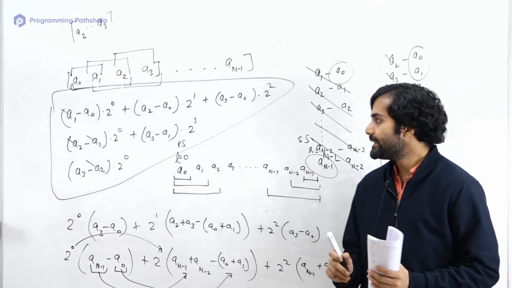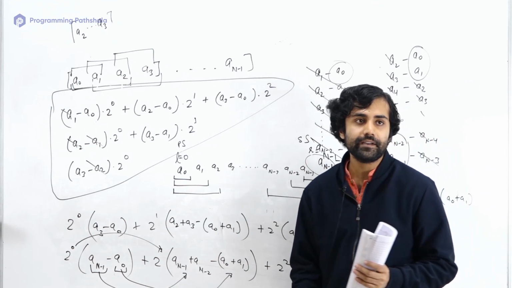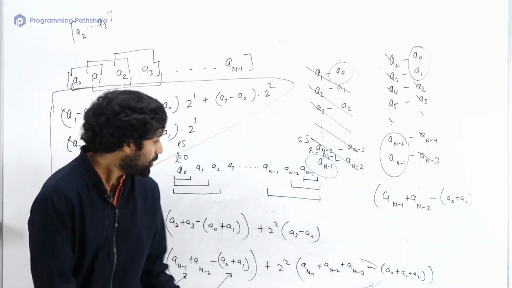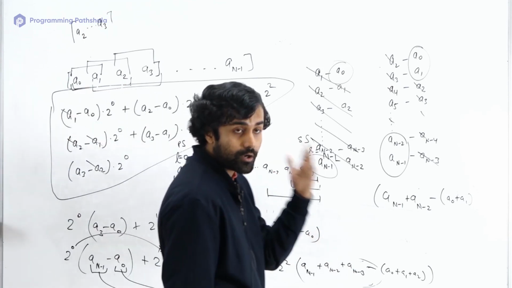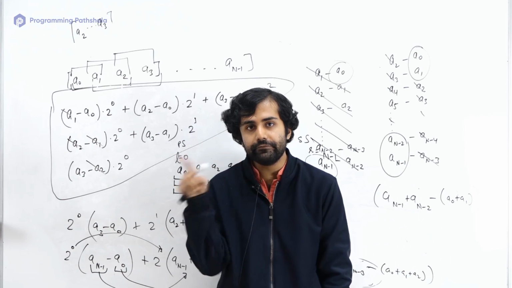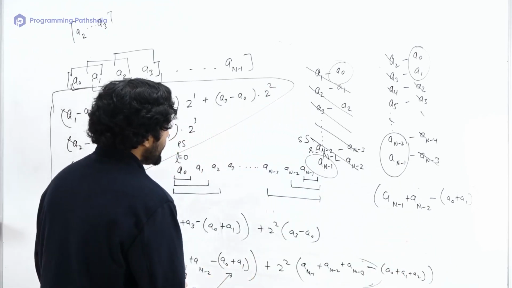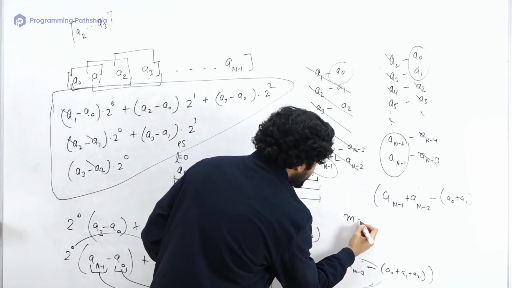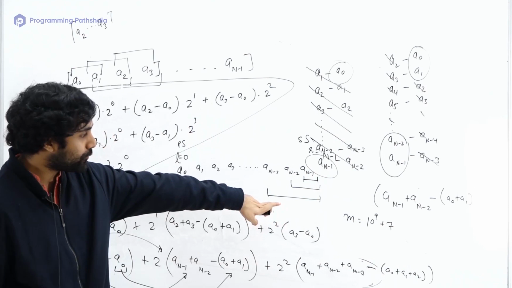Okay, I'll tell you one thing. When you solve this problem, you have to keep one thing in your head: the value of this thing might not fit into an integer, might not fit into a long also. So you have to write your code in such a way that every time you are taking a mod with the given value. If the question asks you to give the answer modded with m, then every time you have to keep on taking mod.